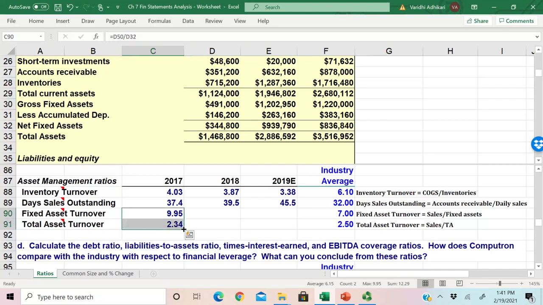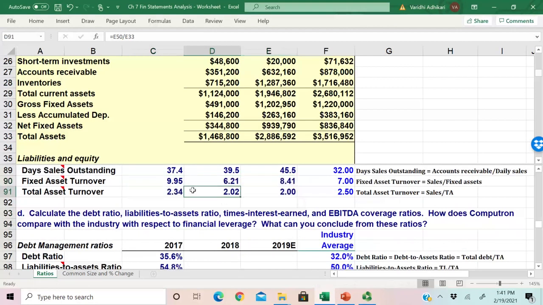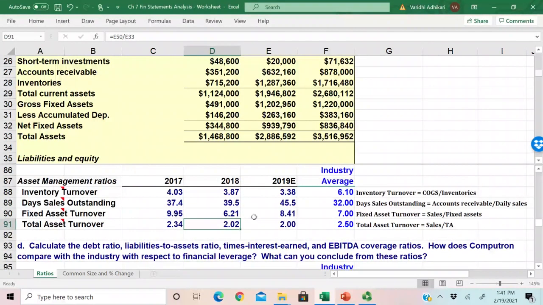I'm not going to show you the calculation, but you should do it using this formula. What that tells you is, in 2019, for example, the company is expected to have 8.4 times as much sales compared to the fixed assets they have used, whereas the industry average is 7.